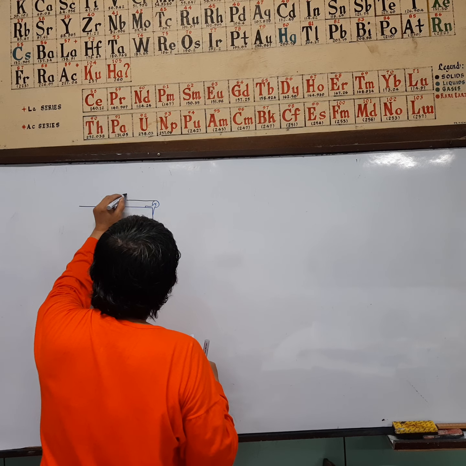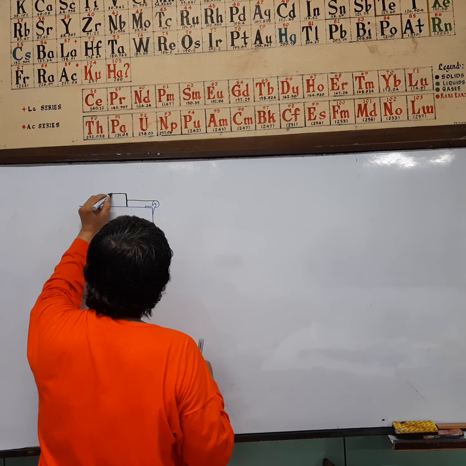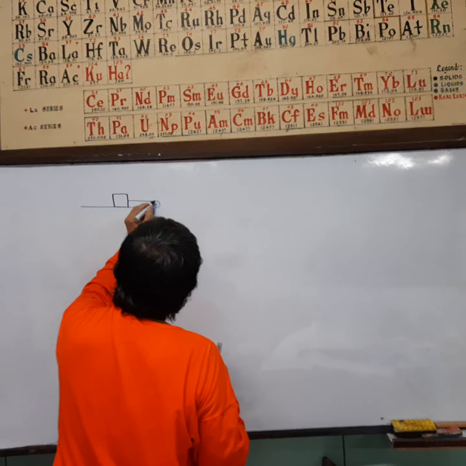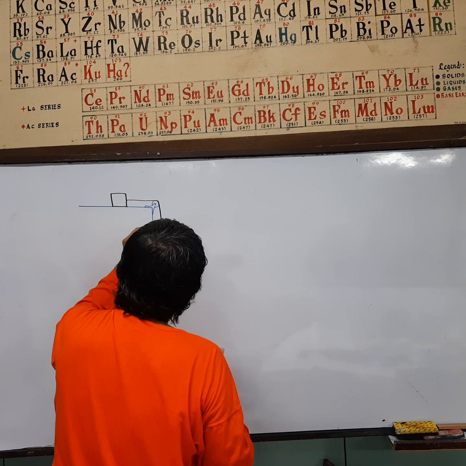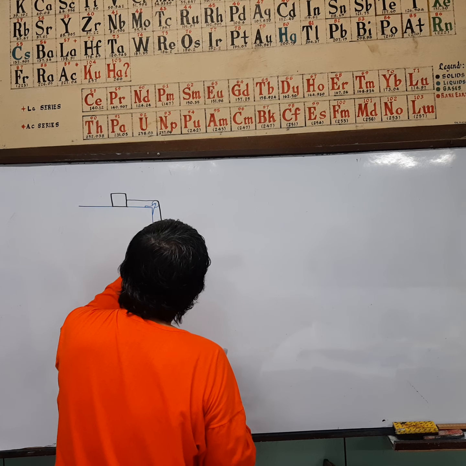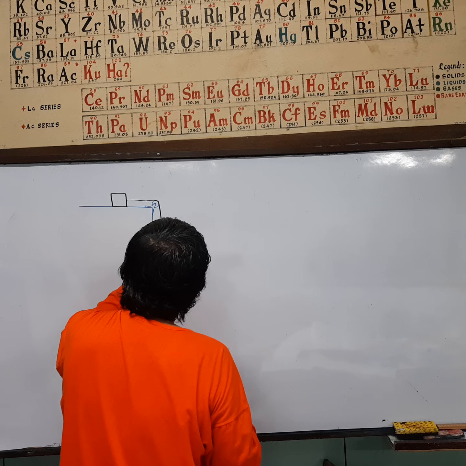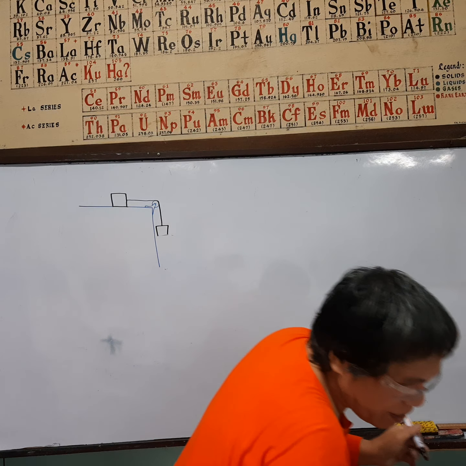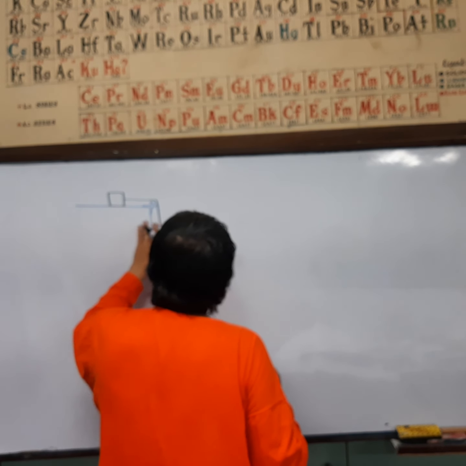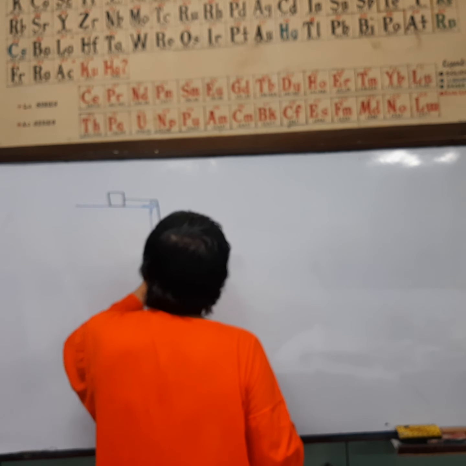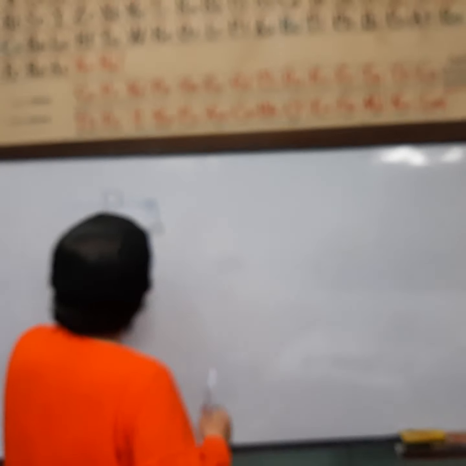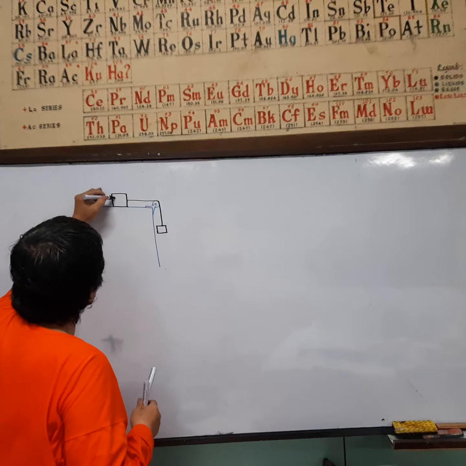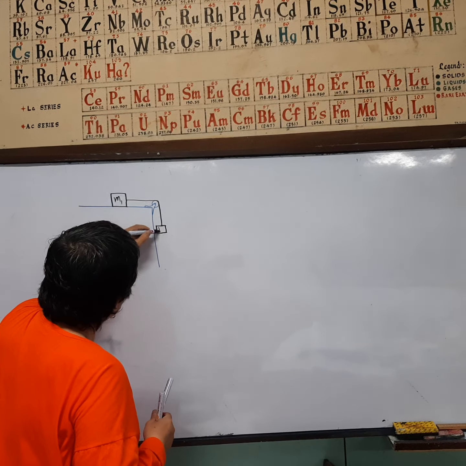Then there is the block here. Which is bigger here? Smaller. Okay, so this one is M1. This one is M2.